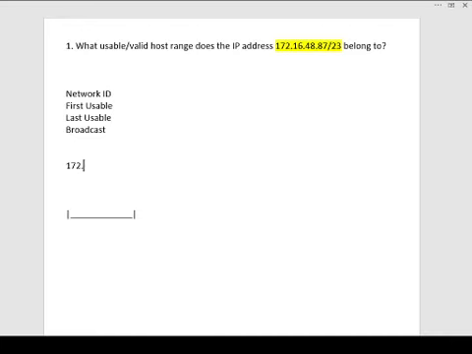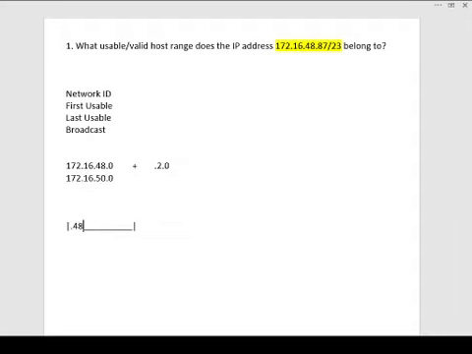So you're going to end up with 172.16.48.0, and we're going to add 2 to it because all we're trying to do is figure out this range, all right? And we're going to go .2 because that's the third octet, .0, and we're obviously at 172.16.50.0. Now we have our 2 network IDs, the only ones we're going to need at this point.